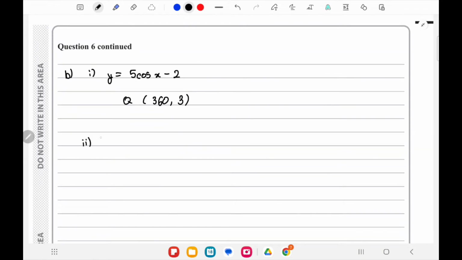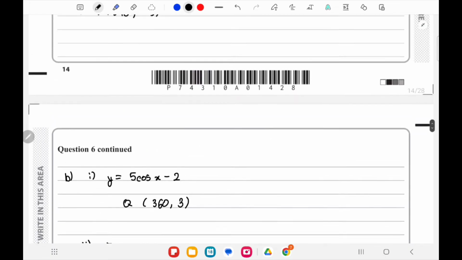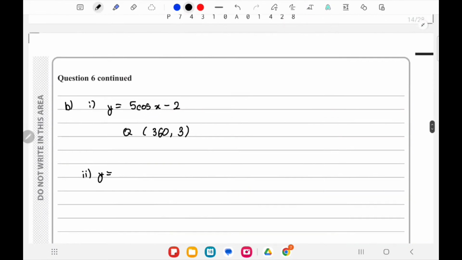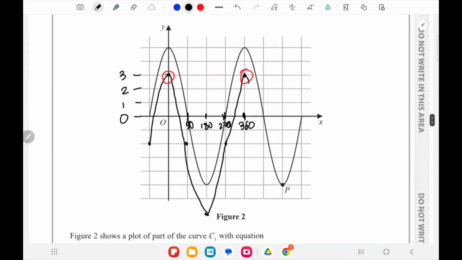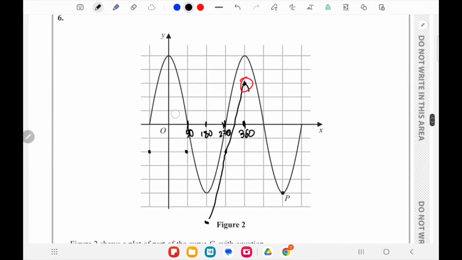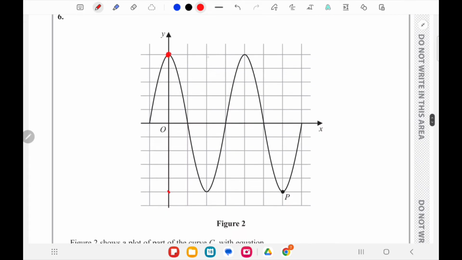Now in question B2, we are given the equation minus 5 cos x. So it will be a reflection of the initial graph we had along the x-axis. So every y value will be flipped. So plus 5 will become minus 5, minus 5 will become plus 5, and so on.